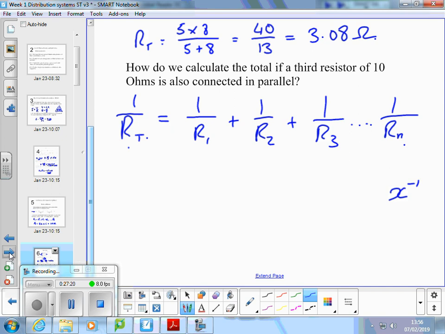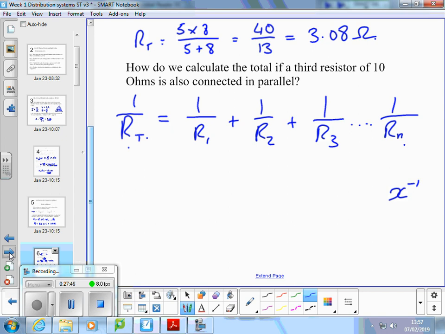If you do 10 in your calculator, press the x to the minus 1 button, what do you get? A tenth. Now press it again, same button, x to the minus 1. 10. It goes to a tenth and then turns back up the other way.